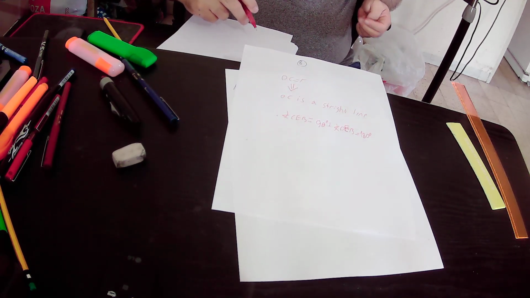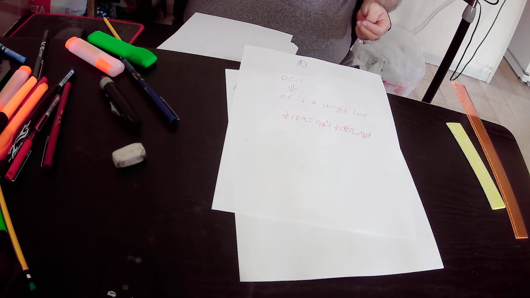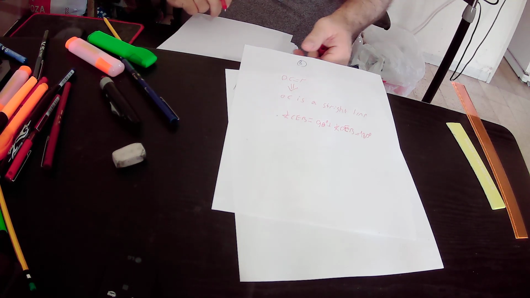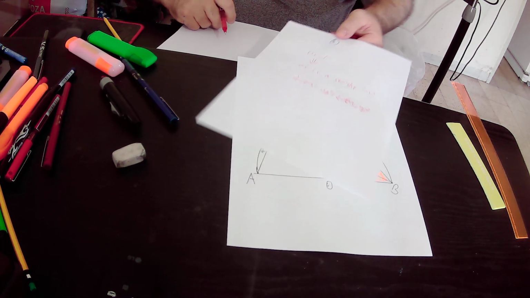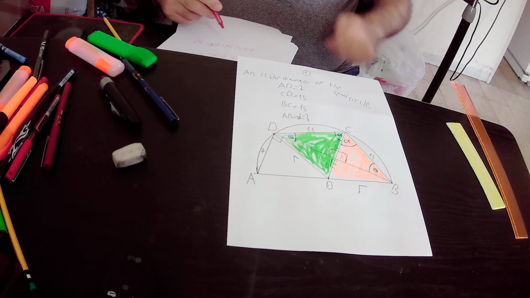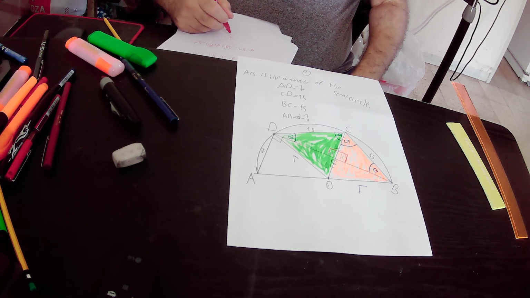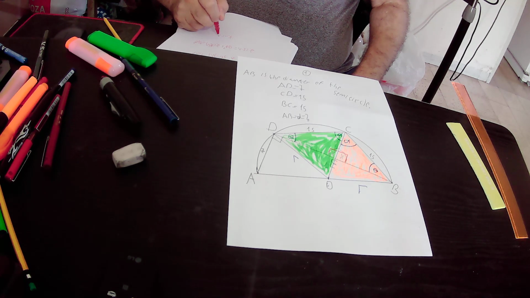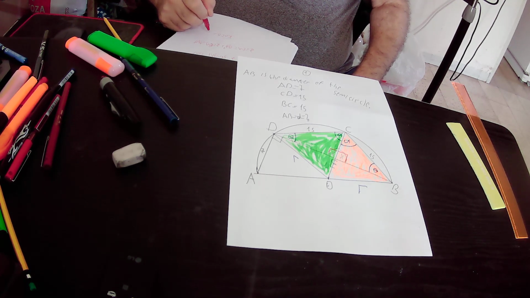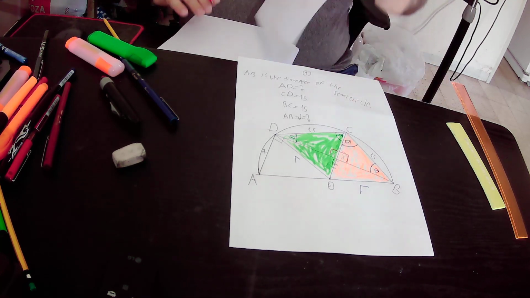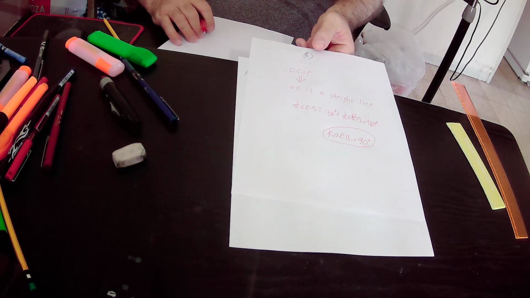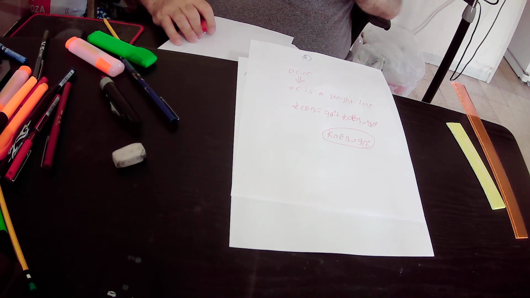So we can subtract 90 degrees from this equality, and we will get that the value of angle OEB equals 180 degrees minus 90 degrees, which is 90 degrees. So we found out that the value of this angle OEB equals 90 degrees.